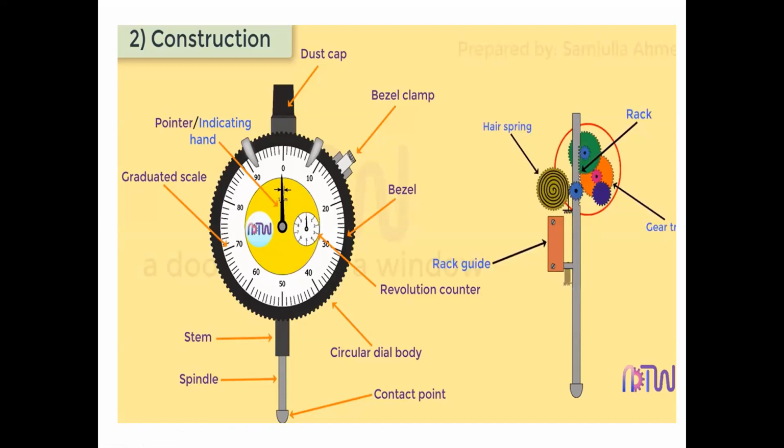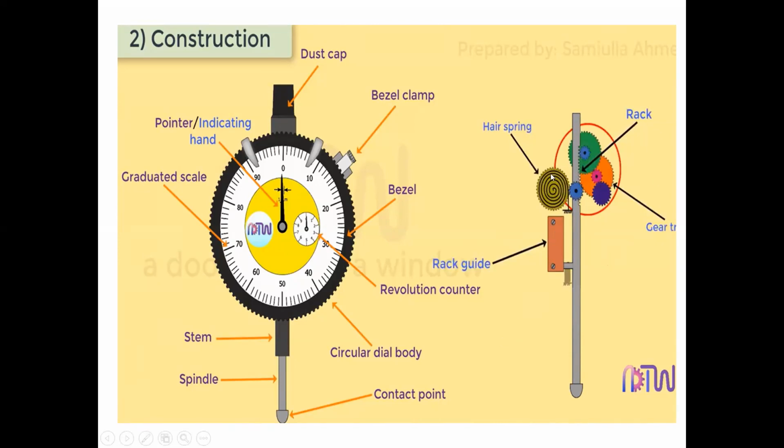This is the bezel clamp, used to lock it in position. Inside this dial indicator there is a gears and pinion arrangement. This complete arrangement is meant for magnifying smaller displacements or smaller changes.